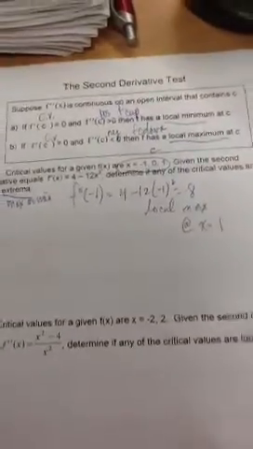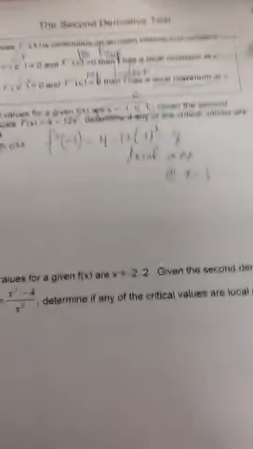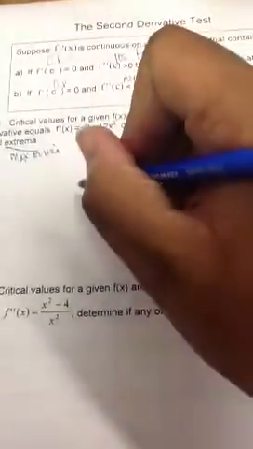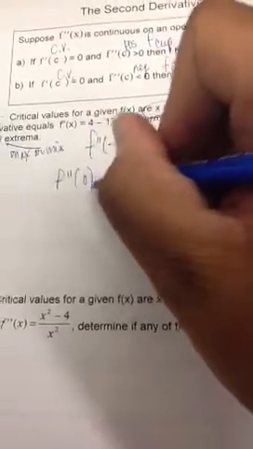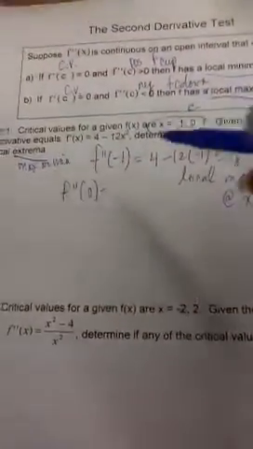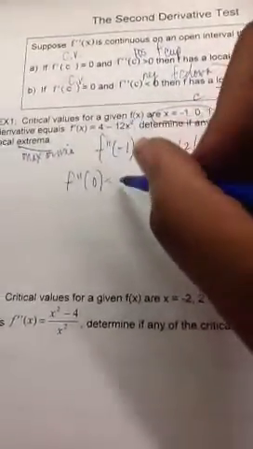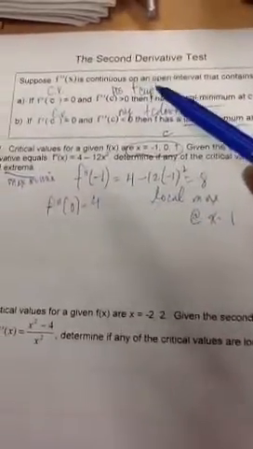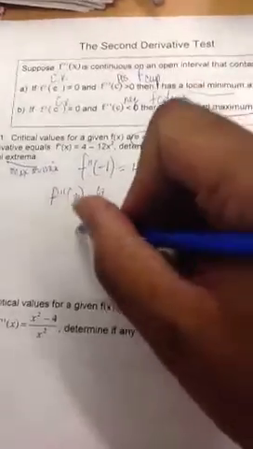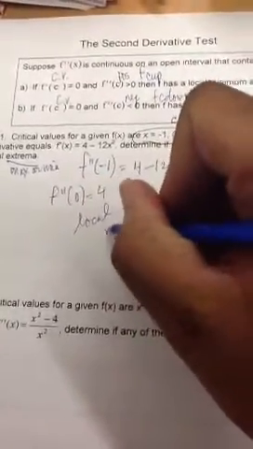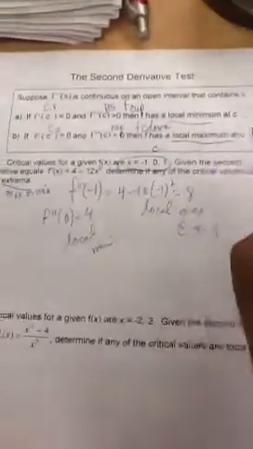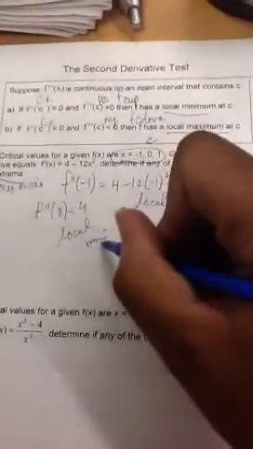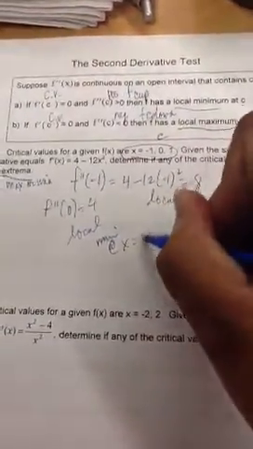All right? And I'll do the same thing with 0. So f double prime of 0, that will basically be 4. So I know 4 is positive. So I'm concave up there, so I have a local min, because that's following part A, at x equals 0.